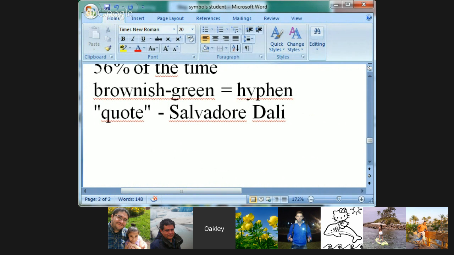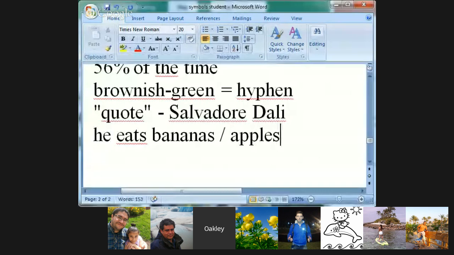He or she, like that. Okay. All right. He eats bananas slash apples, like that. Yeah. Slash. So it's a choice. Which does he eat? Which is correct? Okay. That's true. All right. It can be used for that.